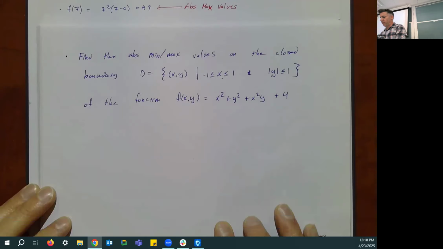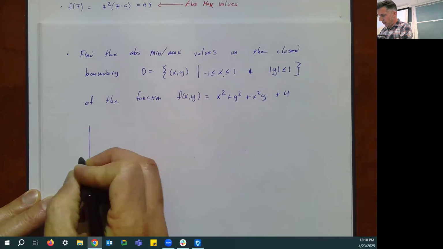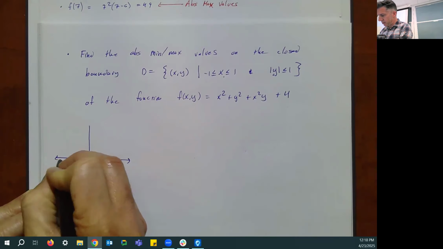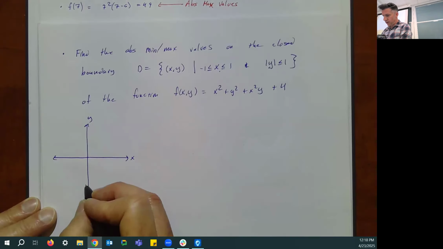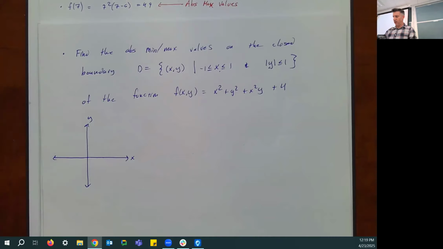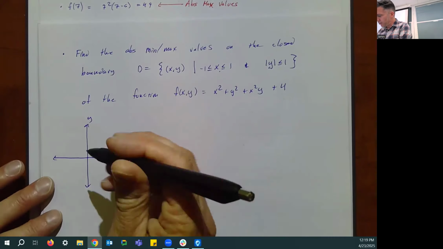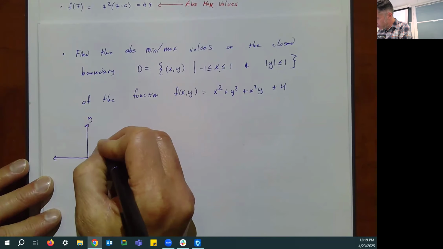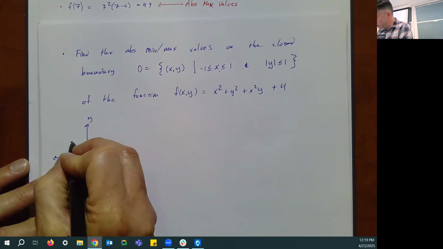So let's draw the picture of our region D. So here's our XY axis. And all we're doing is saying that our x's are between -1 and 1, and our y's are between -1 and 1. So our region looks like this.